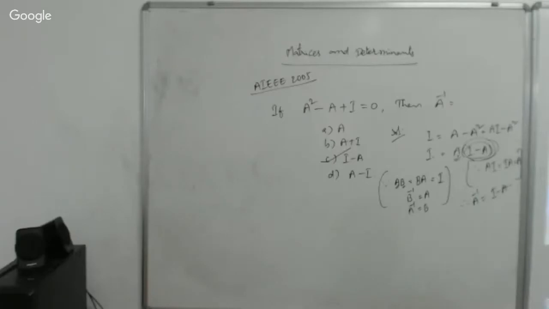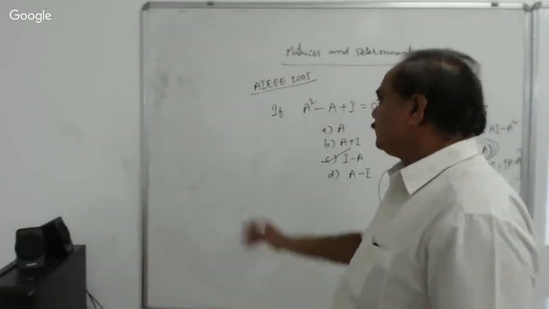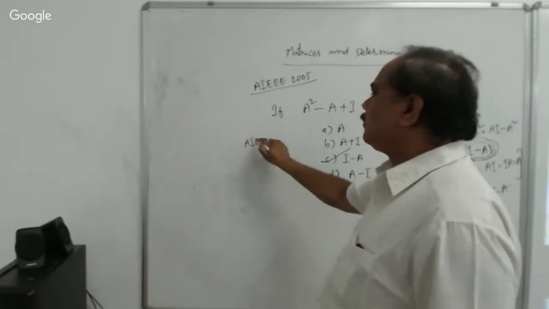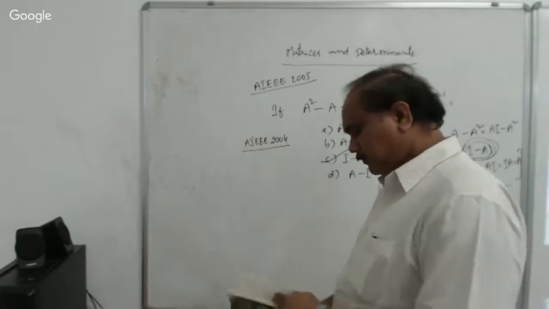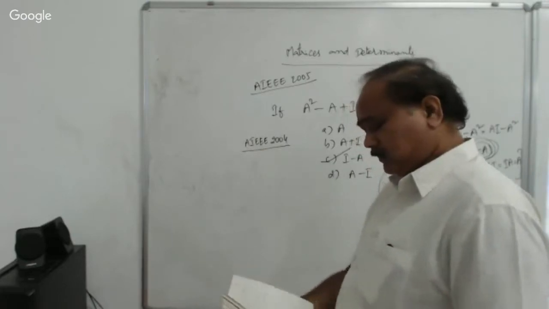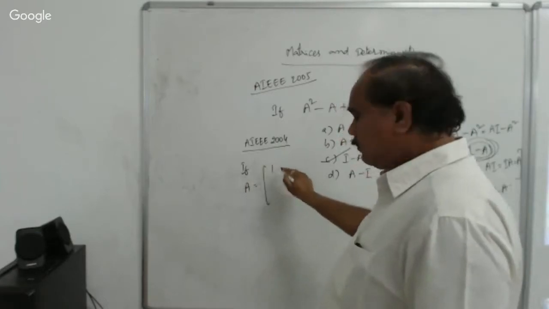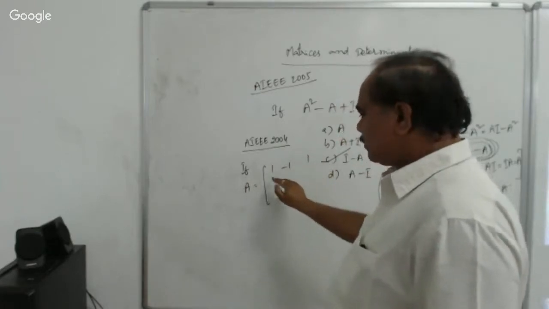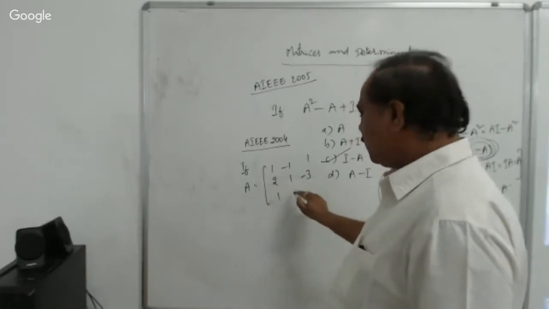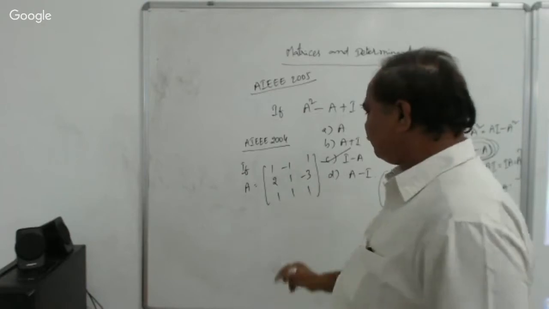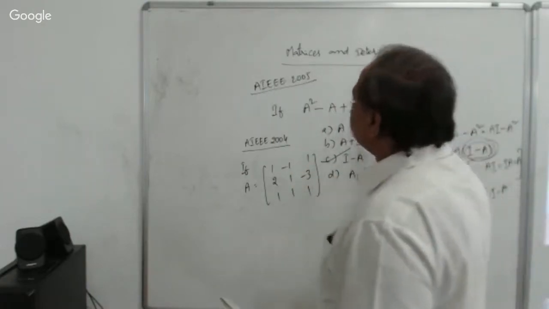Next question. Yeah, 2004 question. A equal to the matrix 1, minus 1, 1; 2, 1, minus 3; 1, 1, 1. Is it over?